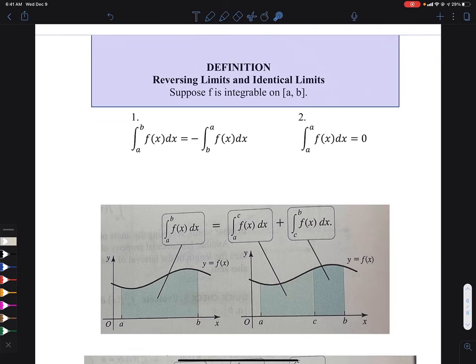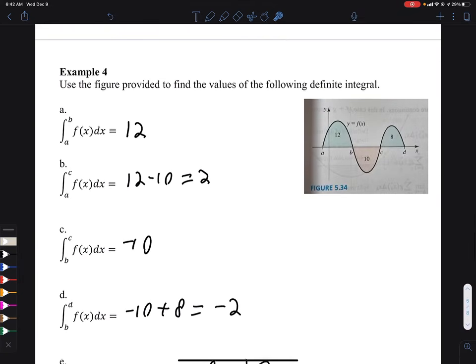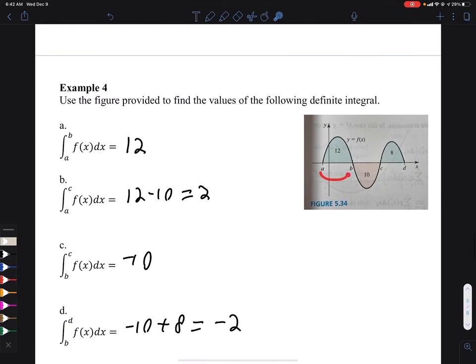It's going to be negative that. So if you integrate from A to B, that was 12. But if you integrate from B to A, you get negative 12. So if you go backwards, it becomes opposite, negative 12.